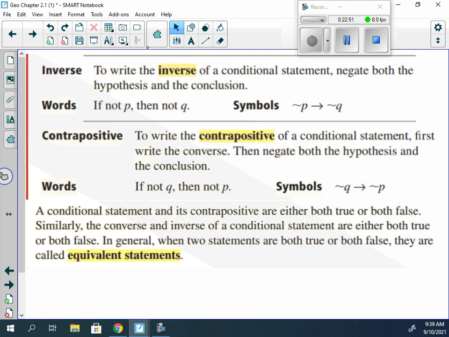So our normal statement is P implies Q. And we'll call this the conditional.